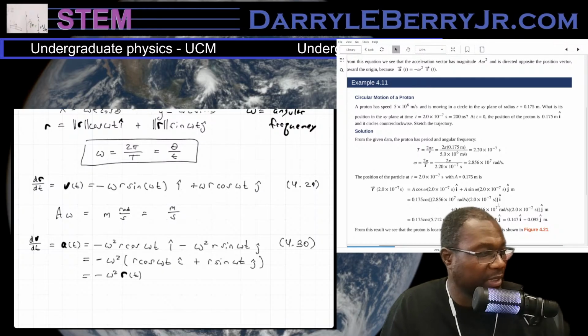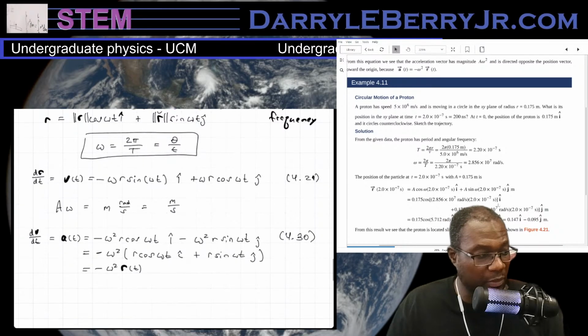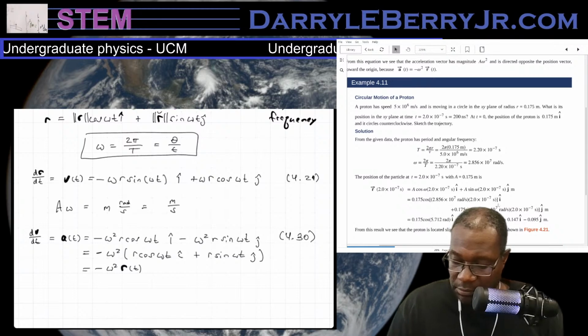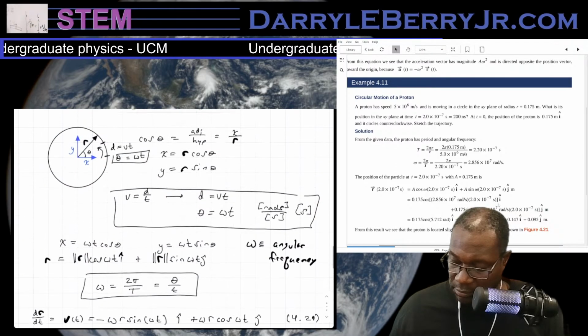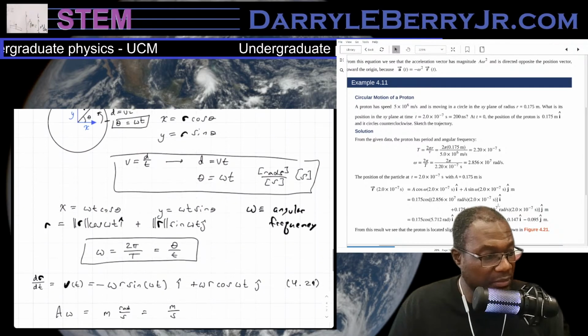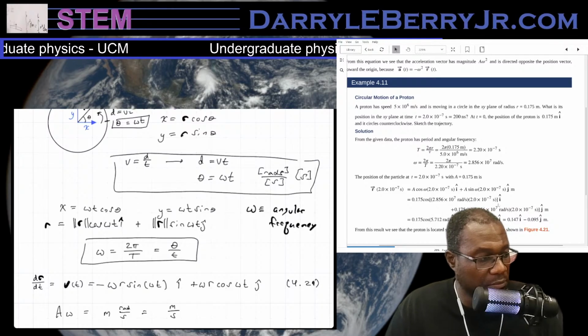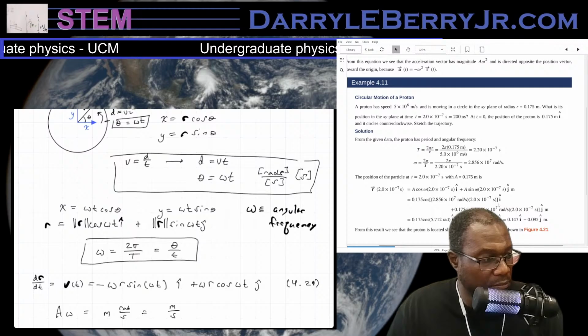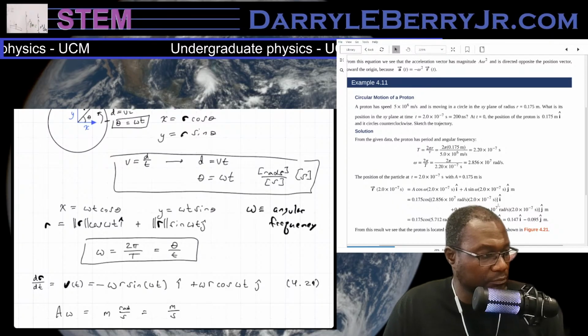We need the period and the angular velocity of the proton. The period is 2 pi over omega. Omega is theta over t. Maybe I do need to look at this.